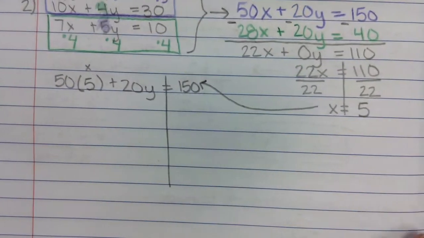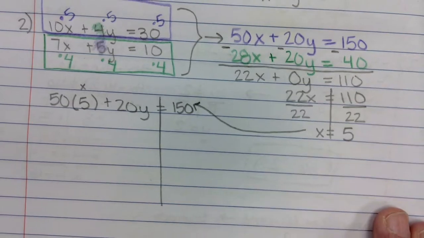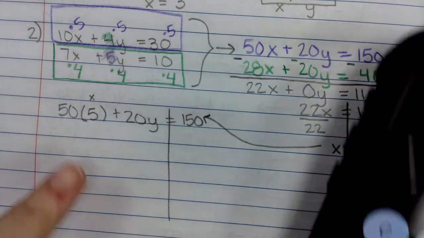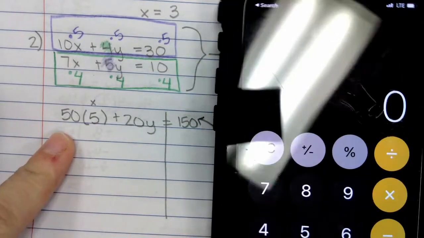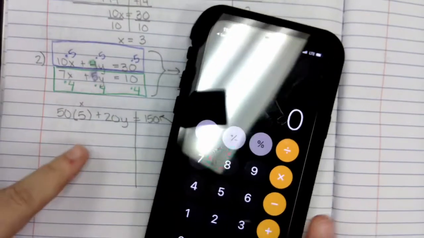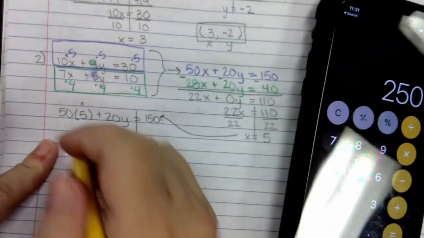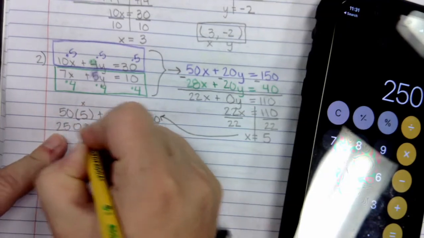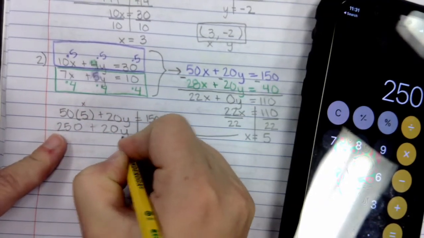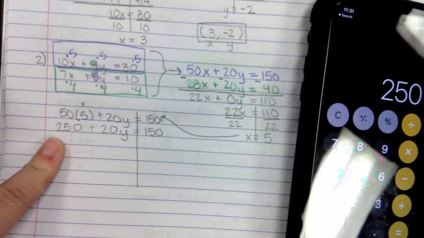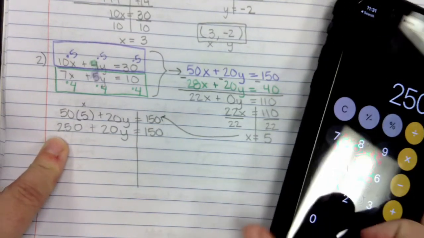All right, 50 times 5, 250. We're in that two-step equation. So to undo, should we undo the coefficient or the constant? We always want to do that constant, that number that's by itself.